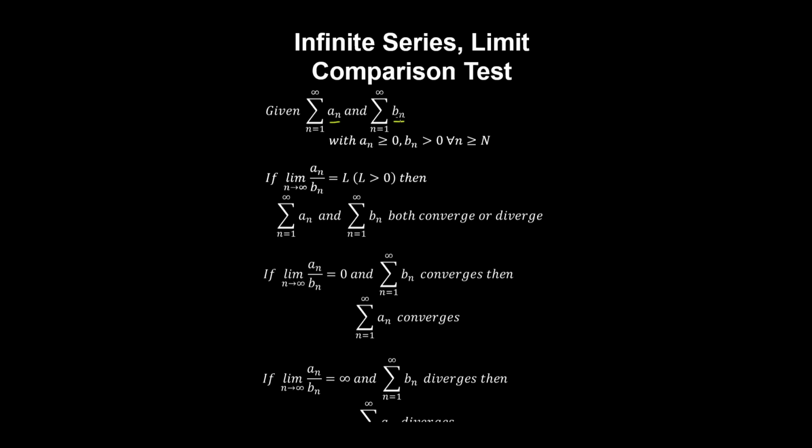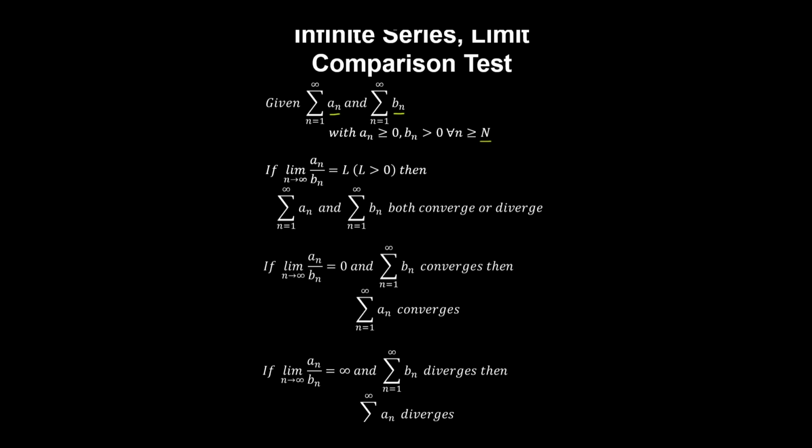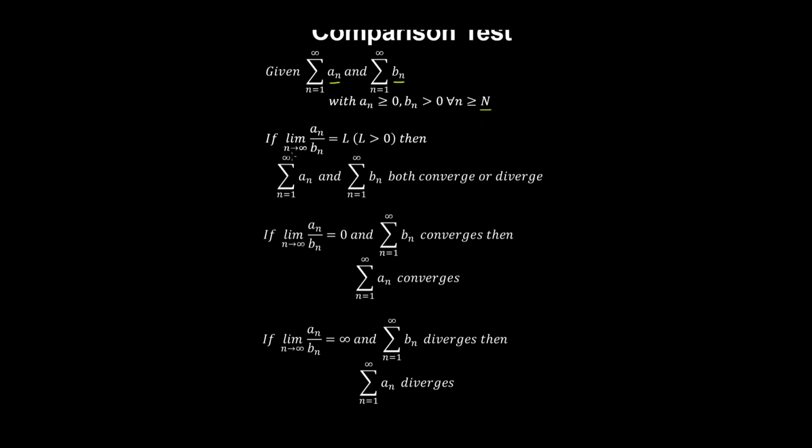Now, given these two series have all positive terms, for all n greater than some positive integer, and Bn is not equal to 0 because we can't divide by 0, we have three rules in a limit comparison test. And these take some getting used to by applying them to different examples.